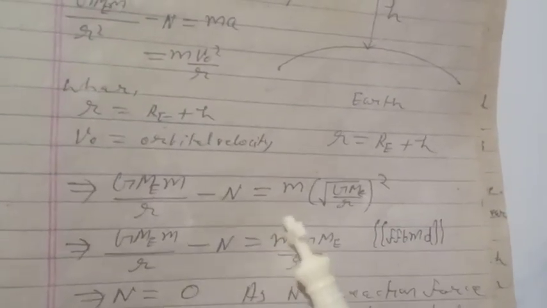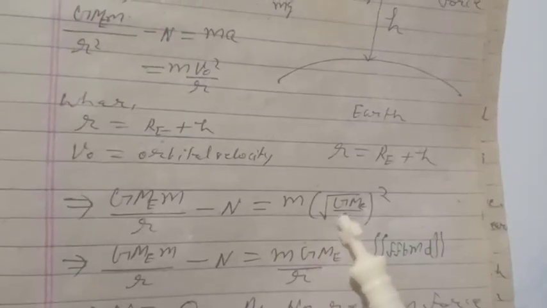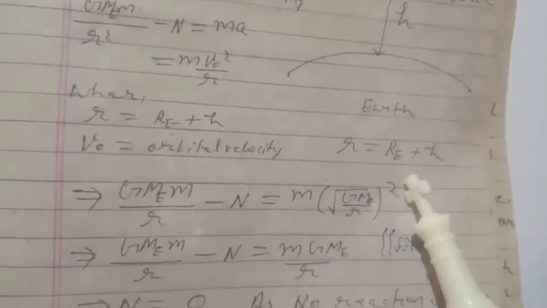This implies GMEm by r square minus N equals m into (under root GME by r) whole square. This implies GMEm by r square minus N equals m GME by r square. This implies N equals 0. As no reaction force is experienced by the body, the body will experience weightlessness.